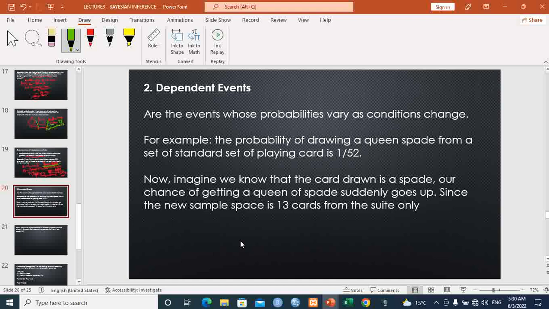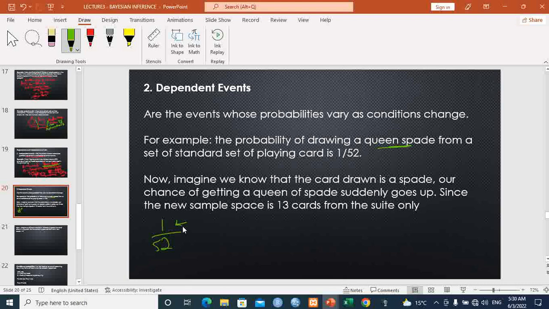Remember, we have 52 cards in a standard deck, and we have only one queen of spades, so we have 1 out of 52.